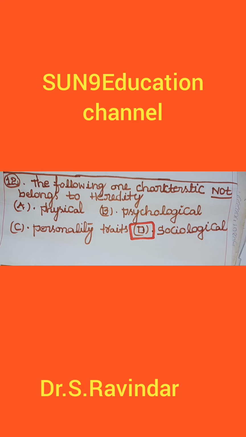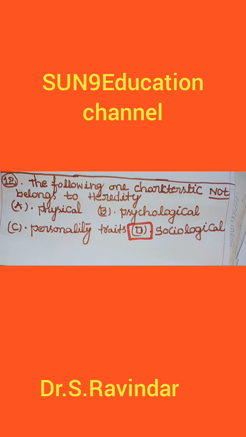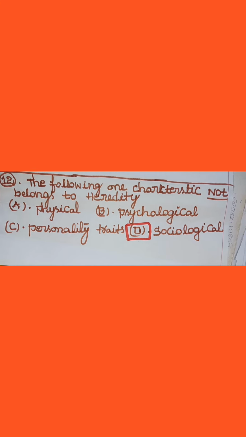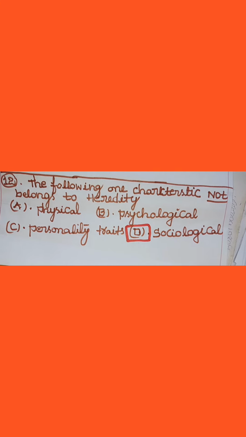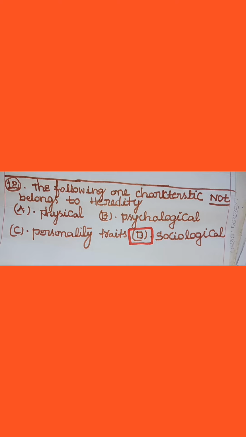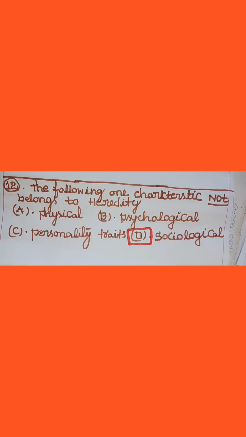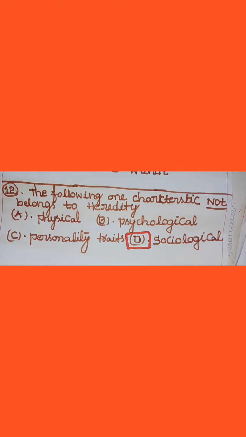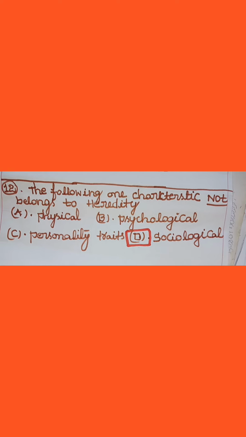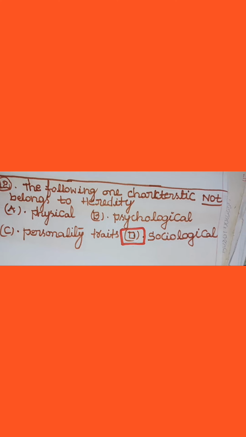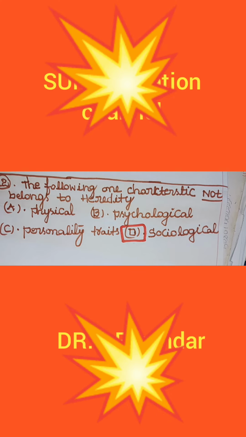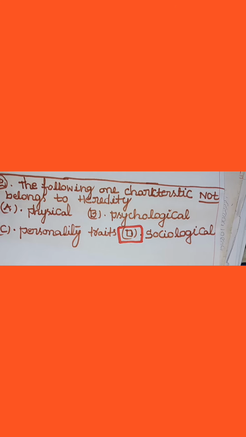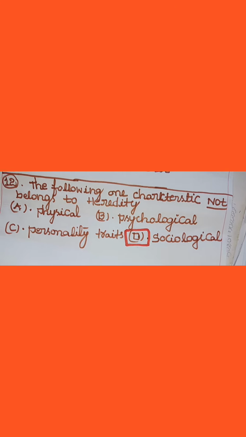Physical, psychological, personality and behavioral traits are there in heredity, so those are right. Only sociological is not there, so sociological is wrong. So the answer is D, sociological.